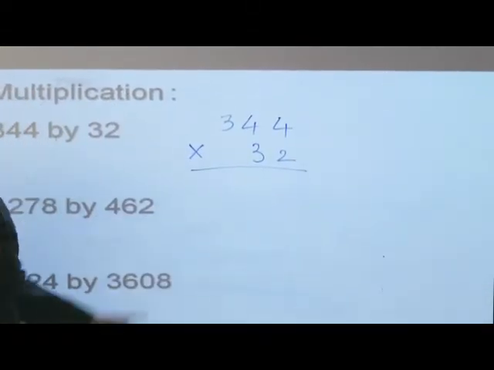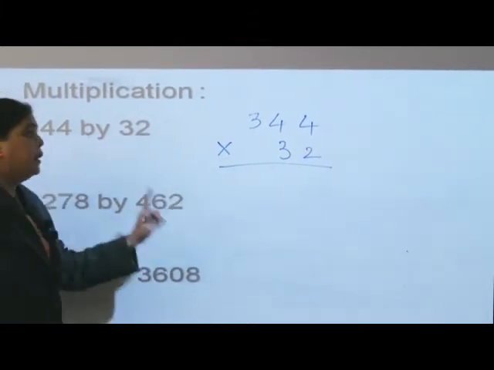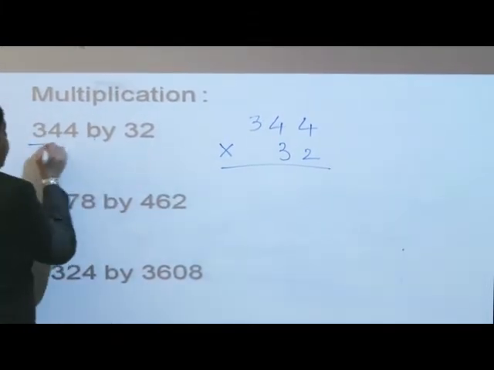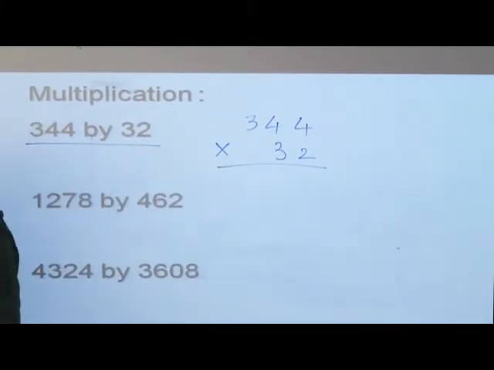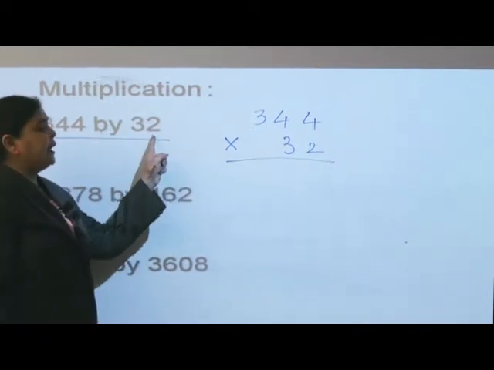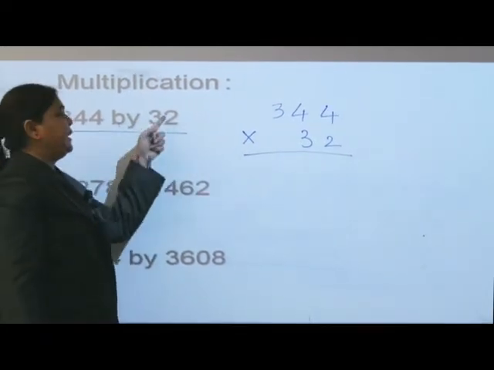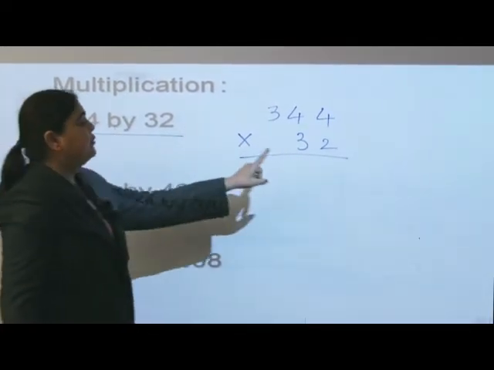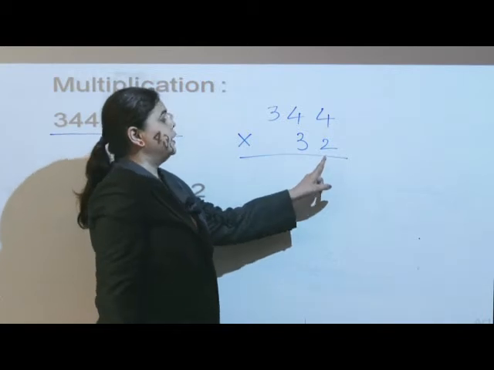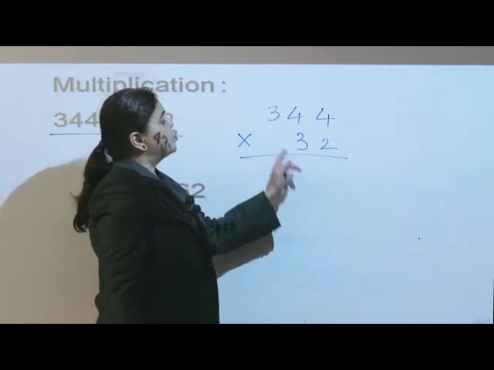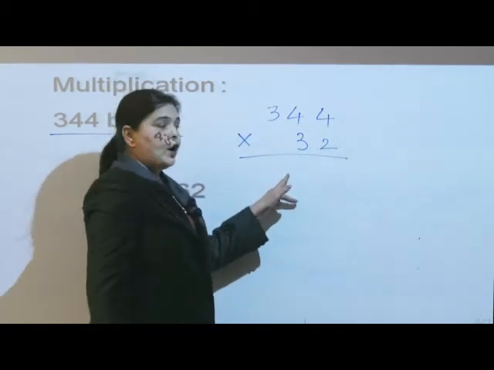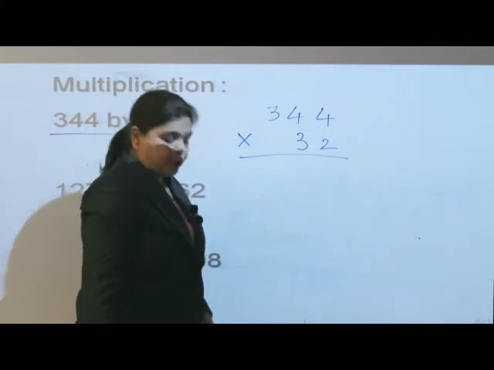This I have written in vertical form. Similarly, this is given in horizontal way. If it is a single digit, we can do the multiplication very easily. Here we have a 2-digit number, so we will write in a vertical way and try to solve.